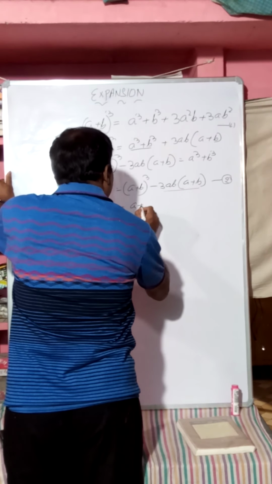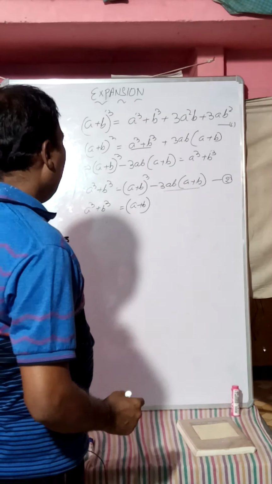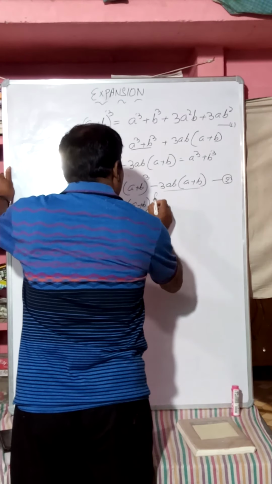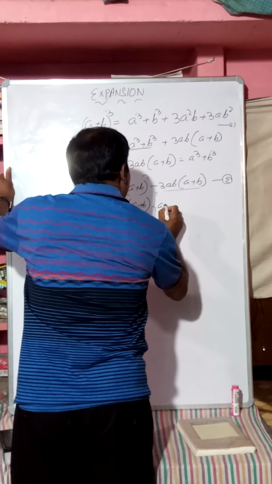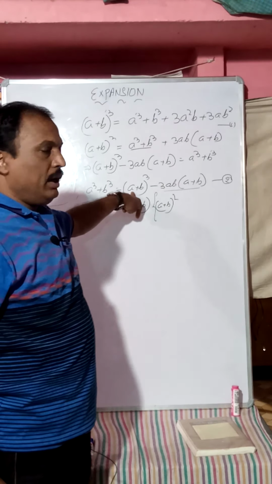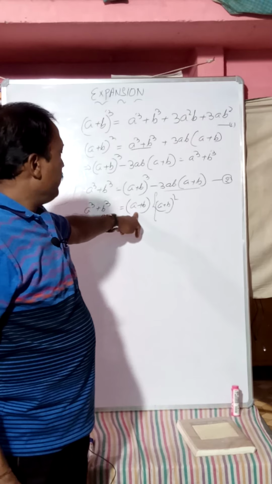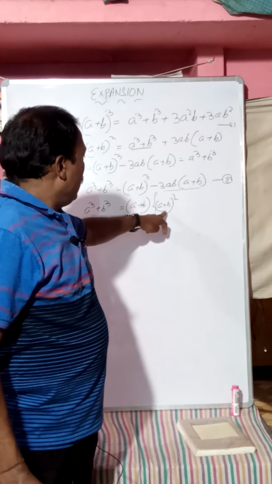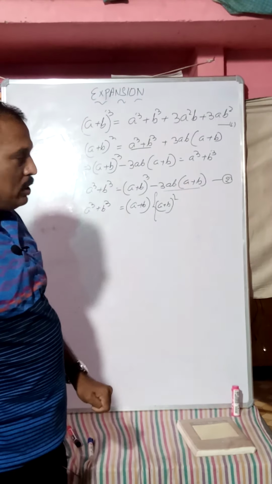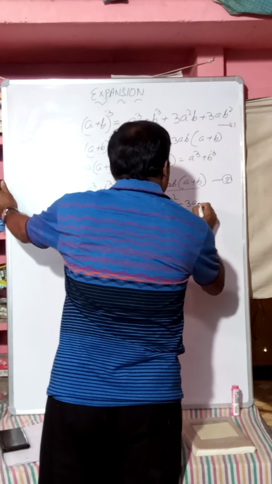We take (a plus b) as common, and the rest is (a plus b) whole square. So 1 (a plus b) we take as common, and the rest is (a plus b) whole square minus 3ab.